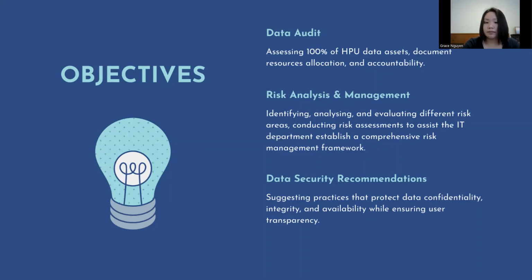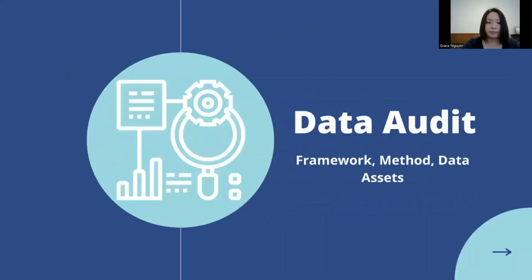Next, we identify, analyze, and evaluate different risk areas and conduct risk assessment to assist the IT department establish a comprehensive risk management framework. Lastly, we suggest practice that protect data confidentiality, integrity, and availability while ensuring user transparency.